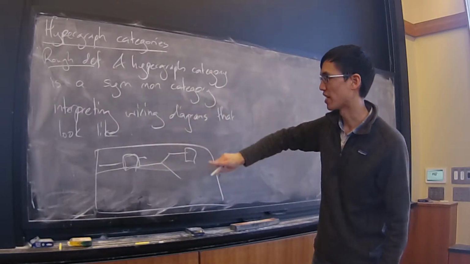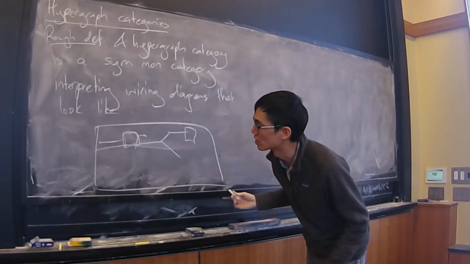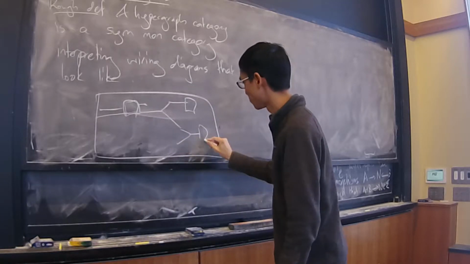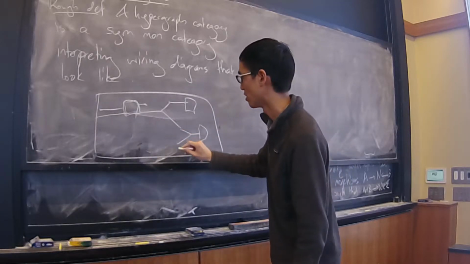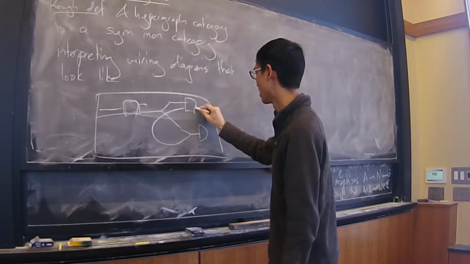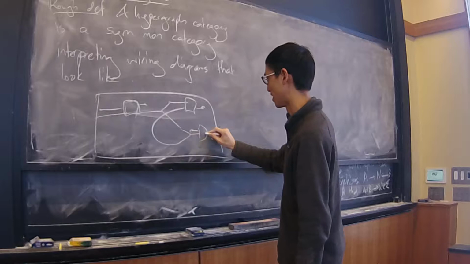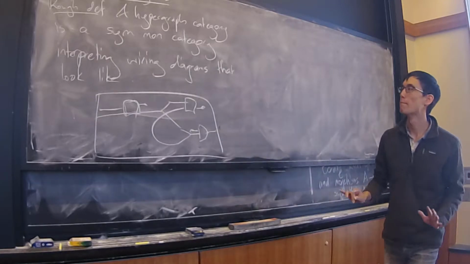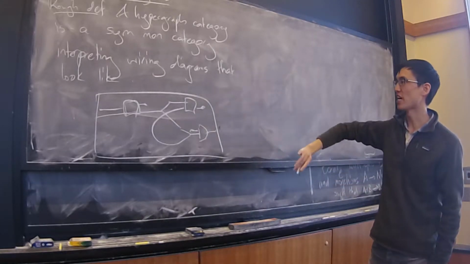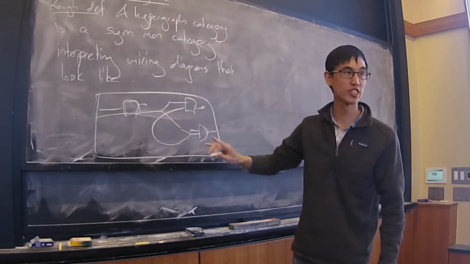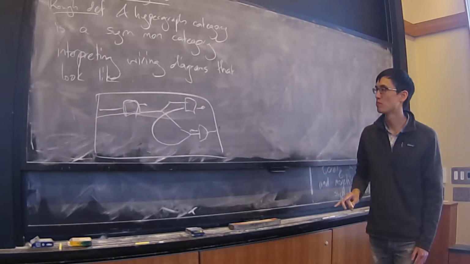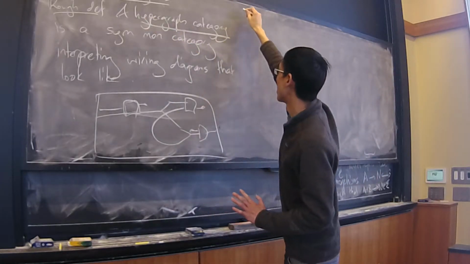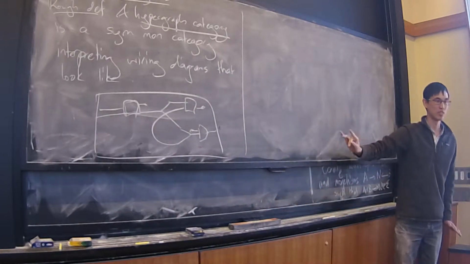But in a hypergraph category we have all this graph-like structure which says we can throw out things, we can split things, we can combine things, we can turn things around, we can throw that out, we can initialize something, and so on. So there is a way to axiomatize this by picking out particular structures like we did last time. That is the rigorous definition of a hypergraph category. But I'll just leave you with that picture.